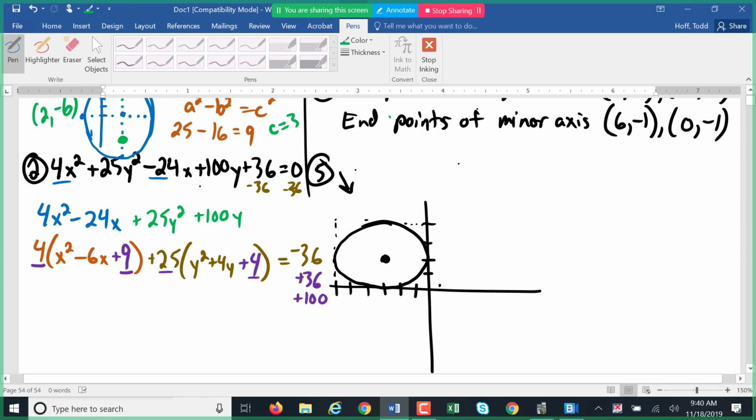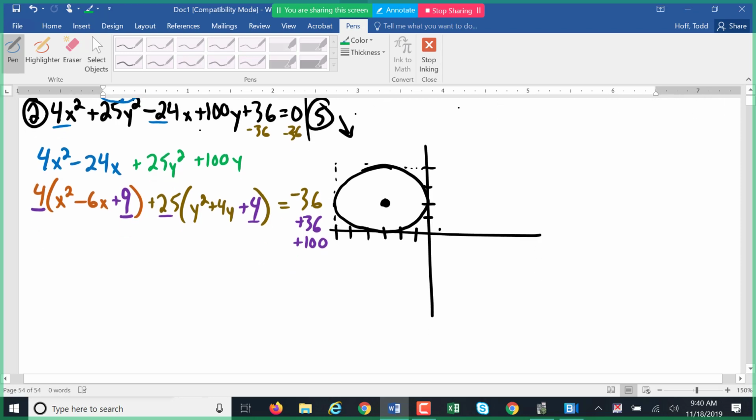So now, the x squared terms become x minus 3 squared, still times the 4. Then I've got 25 times y plus 2 squared, equals -36 plus 36 plus 100, which is 100. And now I have to divide to make the right side 1.